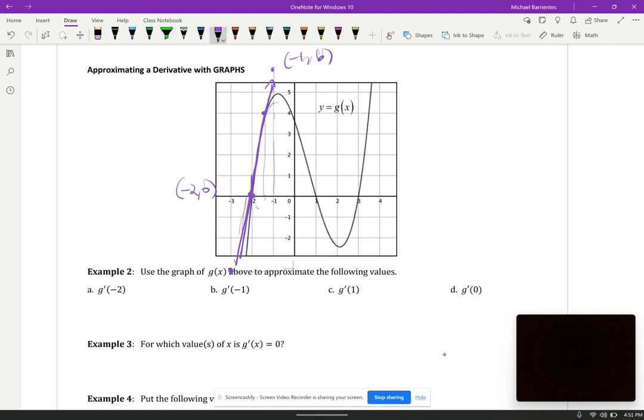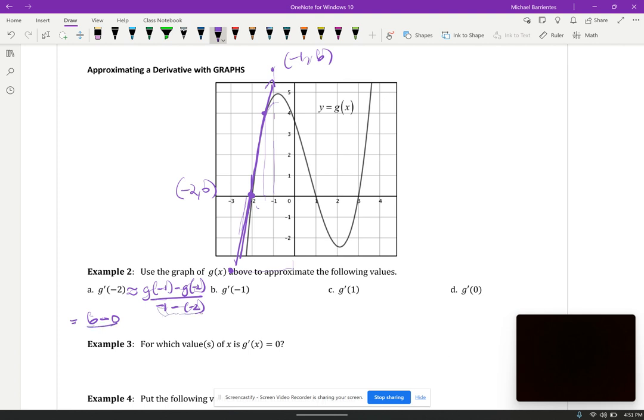So we're going to say this is about (g(-1) - g(-2)) / (-1 - (-2)), right? Well, g(-1), I said, was about 6, minus g(-2), we said, was 0, over -1 minus -2.